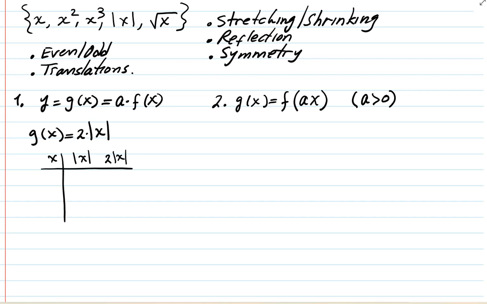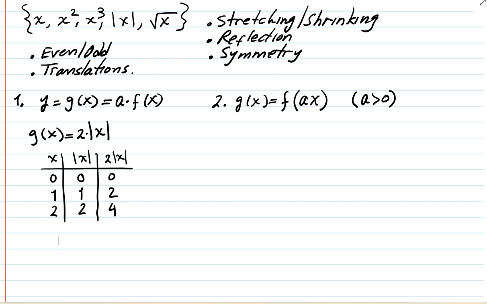Looking at just 3 values: when x is 0, absolute value of x is 0, 2 times 0 is 0. That's not going to change. But what if x is 1? Absolute value of 1 is 1, and 2 times that is 2. If x is 2, absolute value is 2, twice that would be 4. So if you look at the relationship between these numbers, 2 times absolute value of x is twice as large.